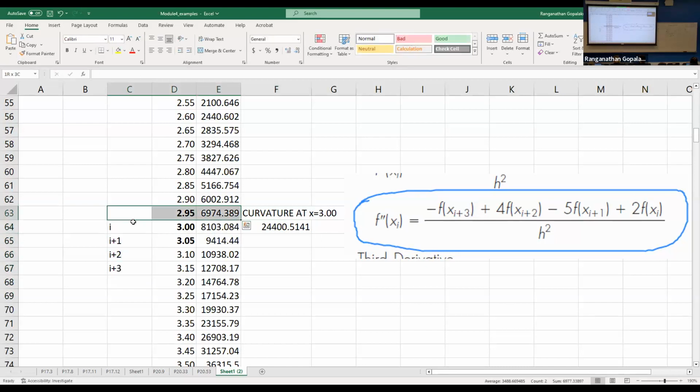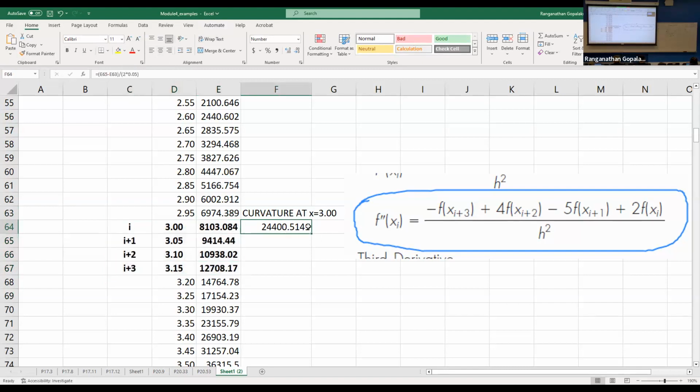I don't involve anything behind at the moment, so let me not highlight it. And these are the values I'm going to use. So you punch in this formula into this cell, or in your paper, you can just use these values and get me the value of the curvature using a forward difference approximation.